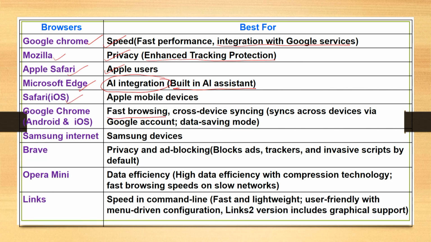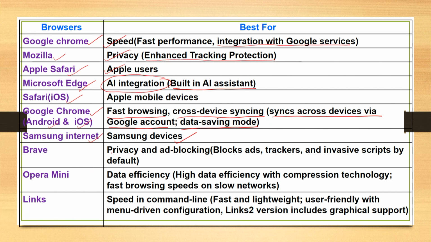For fast browsing, cross device syncing, that is synchronization across devices via Google account, or the data saving mode, Google Chrome in both the cases of Android and iOS is preferred. For Samsung devices, the Samsung Internet browser is preferred.